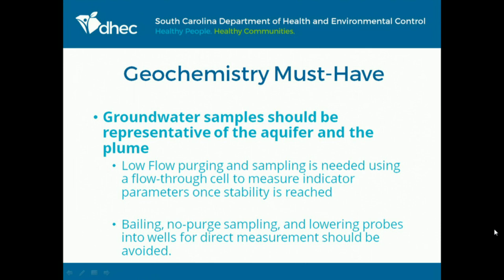And the must-have for the decision tree is that your groundwater samples must be representative of the aquifer and the plume. For this reason, the decision tree recommends low flow purging and sampling using a flow-through cell to measure indicator parameters once stability has been obtained. And the decision tree does not recommend bailing, no-purge sampling, or lowering probes into wells.